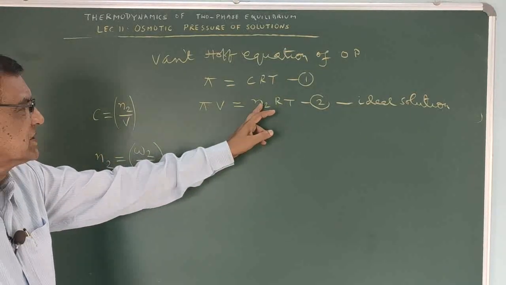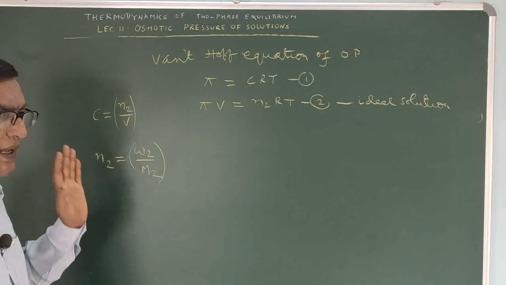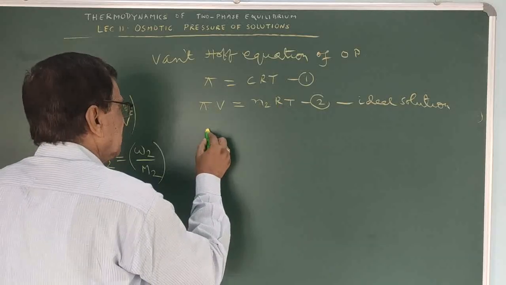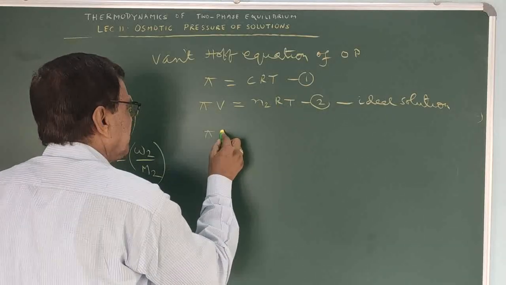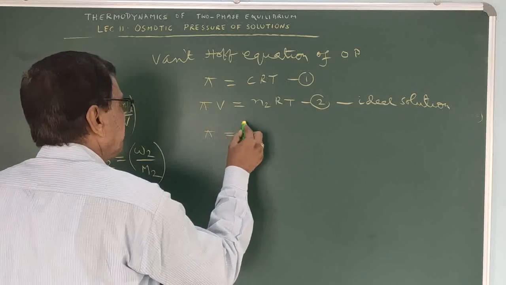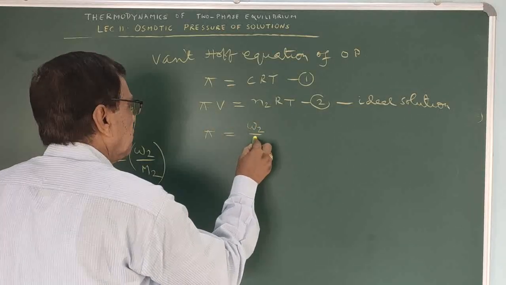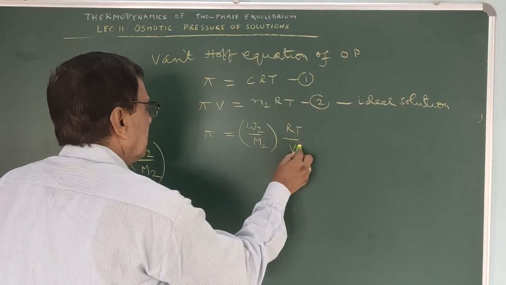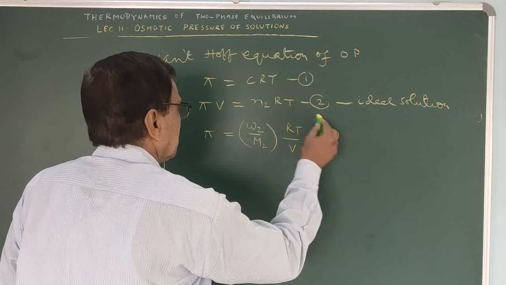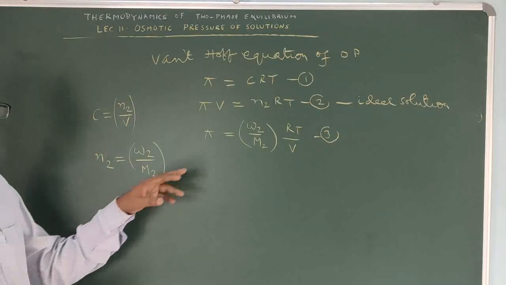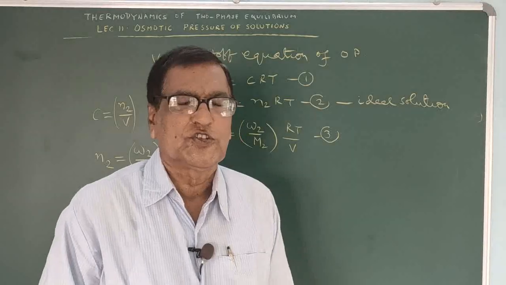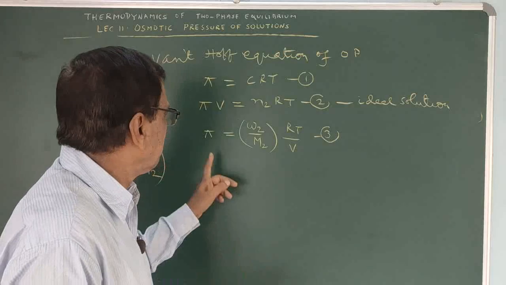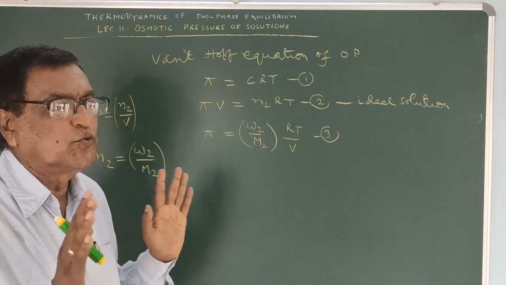If we replace N2 this way and rearrange, we can get pi equal to W2 by M2 into RT divided by V. This is equation number 3. So if we know the molar mass of the solute, which must be a non-electrolyte in this case, the osmotic pressure of this solution could be determined.